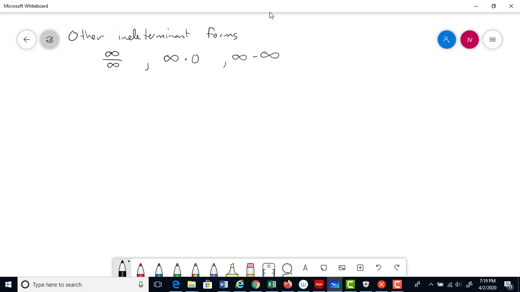What we need is things that are in rational form. As long as they're in rational form, we can go ahead and apply L'Hopital's rule. But if they're in these other forms, we have to fix them. We have to turn them into rationals so then we can take their derivatives. So an example.